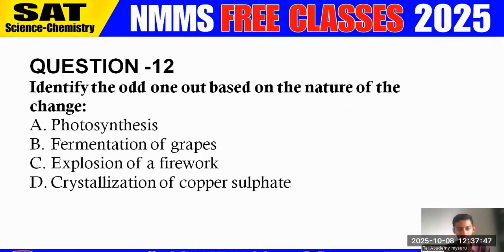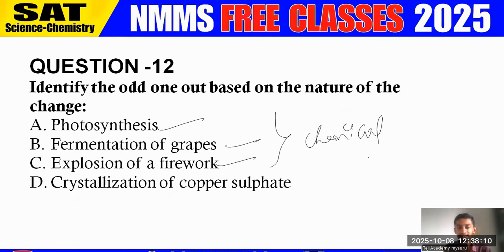And question number 12. Identify the odd one out based on the nature of change. Here you can observe that photosynthesis, fermentation of grapes, and explosion of firework, these three changes are chemical changes.